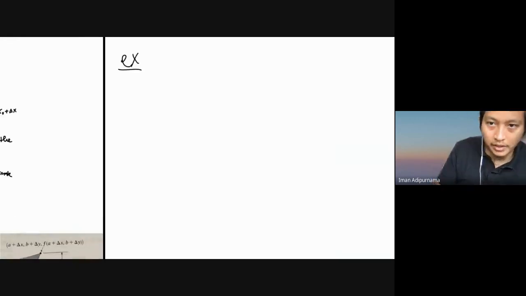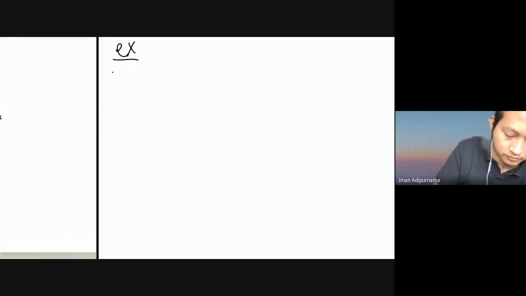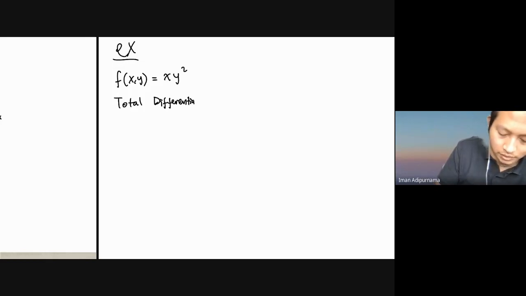So if we look at the example, if we have this function here and we want to look for the total differential, what does it mean?